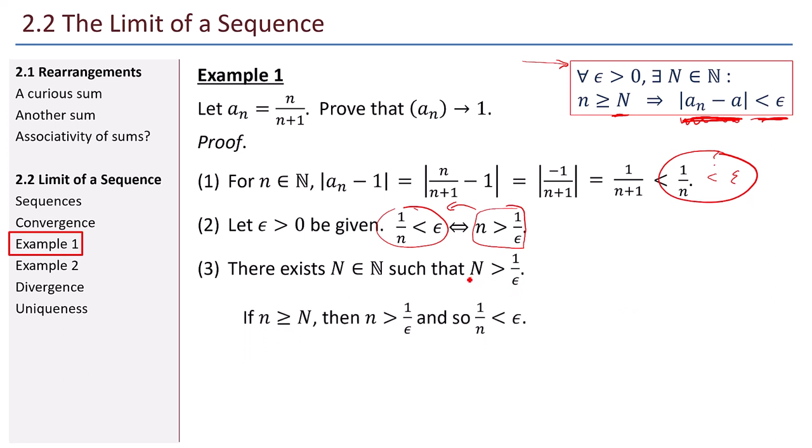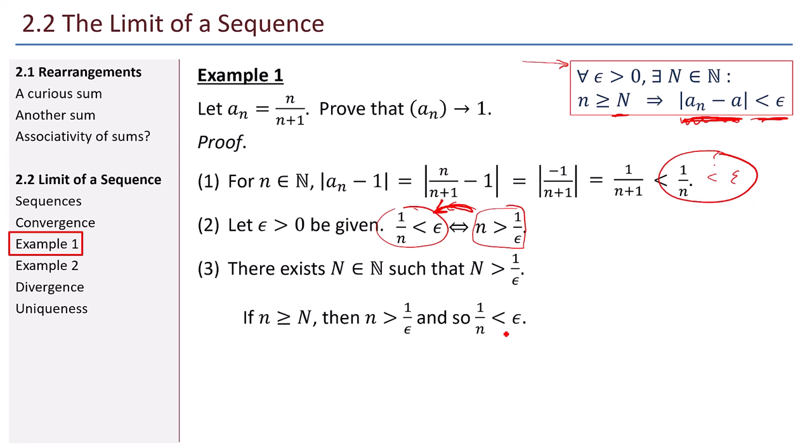Well, if big N is greater than 1 over epsilon, and if I let little n be greater than or equal to big N, then little n must be greater than 1 over epsilon. Oh, and now I can use the reverse implication. If little n is greater than 1 over epsilon, then 1 over n is less than epsilon. So 1 over n is less than epsilon.